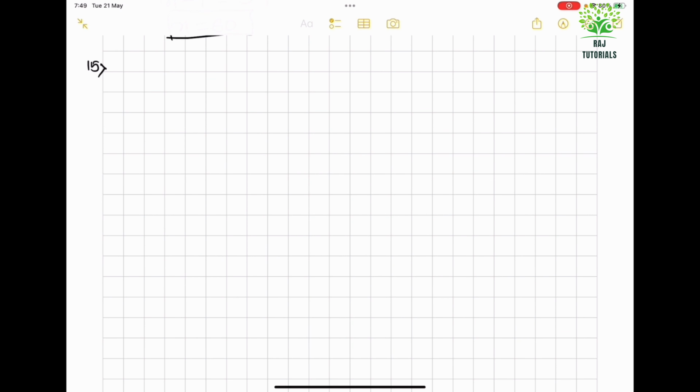Now the 15th one is, for what value of N are the N terms of AP 63, 65, 67 and 3, 10, 17 equal? So I have to find the value which is equal, that is the nth term which is equal in both.